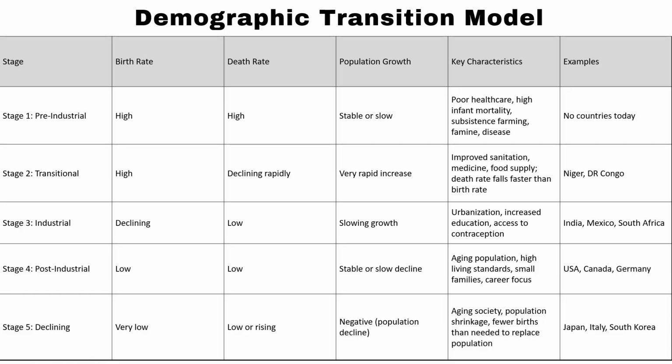Stage five, declining. At this stage, we have very low birth rates. The population starts to shrink. This is a model. So real countries don't always fit perfectly, and migration can also shift the outcomes of these pretty dramatically. But typically, as countries develop, these are the stages that we start to see.